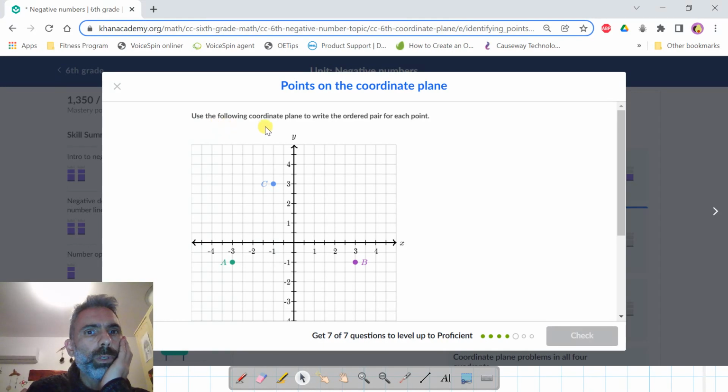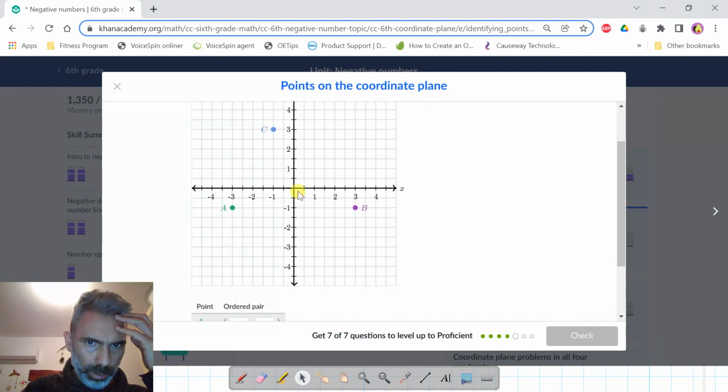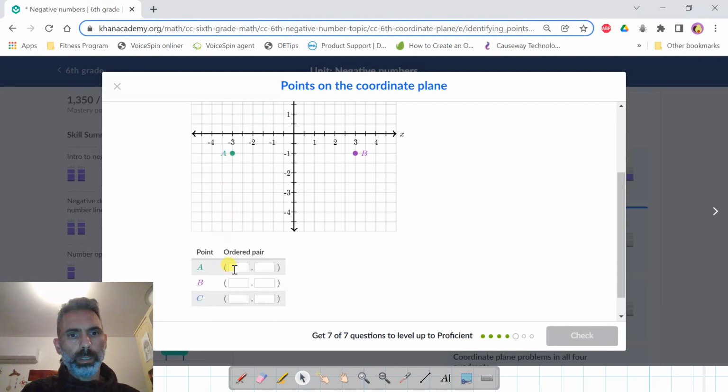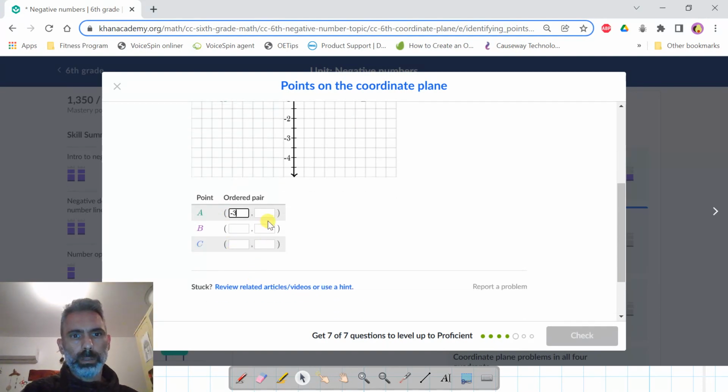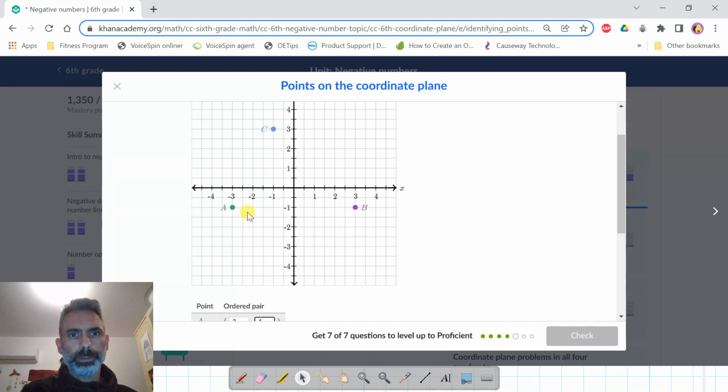Use the following coordinate plane to write the ordered pair for each point. A is -3 on the x and -1 on the y.